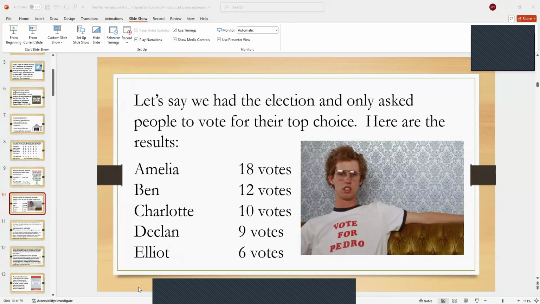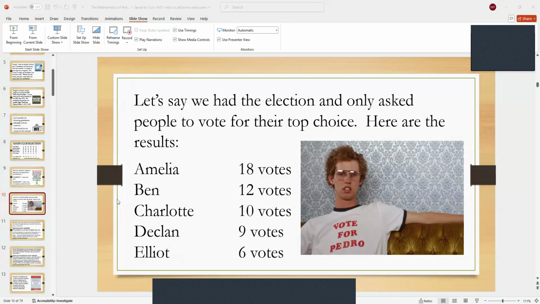Say we had the election and we only asked people for their top choice. That's one of the ways to determine the winner. That's probably the simplest way to determine the winner.